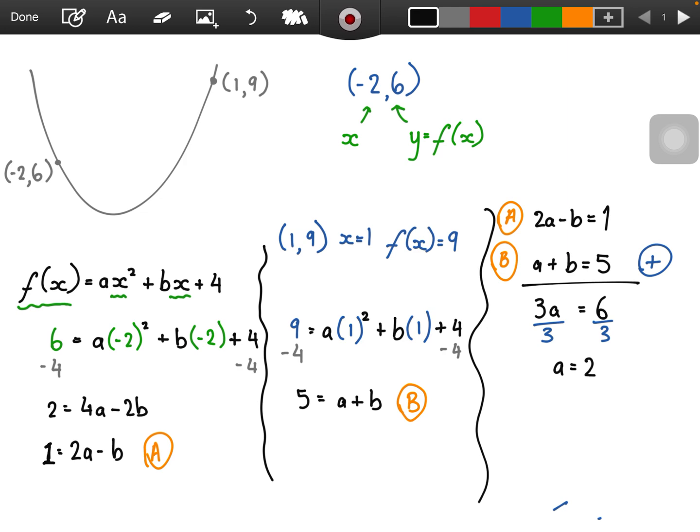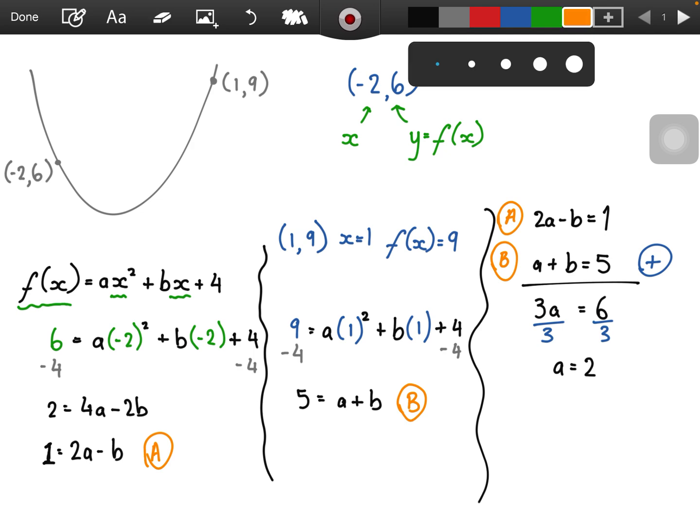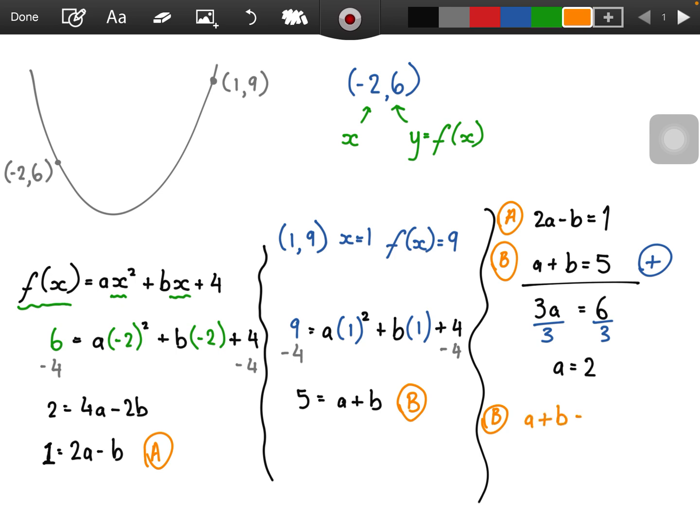I get that a is equal to 2. So sub that a equals 2 back into either of your equations, whichever one you think is going to be easier. I'm going to use the original equation a plus b equals 5. We can see straight away as soon as a equals 2, put it back in here in your head, 2 plus 3 equals 5, so b must be 3.